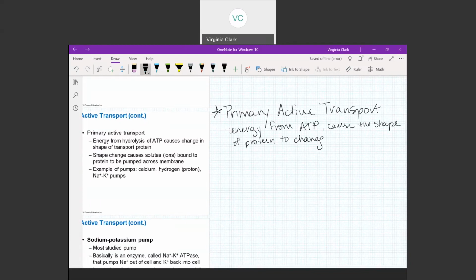That shape change is how it moves things from point A to point B. So it will pump ions across the plasma membrane. Examples are going to be calcium, hydrogen, and the sodium-potassium pump.